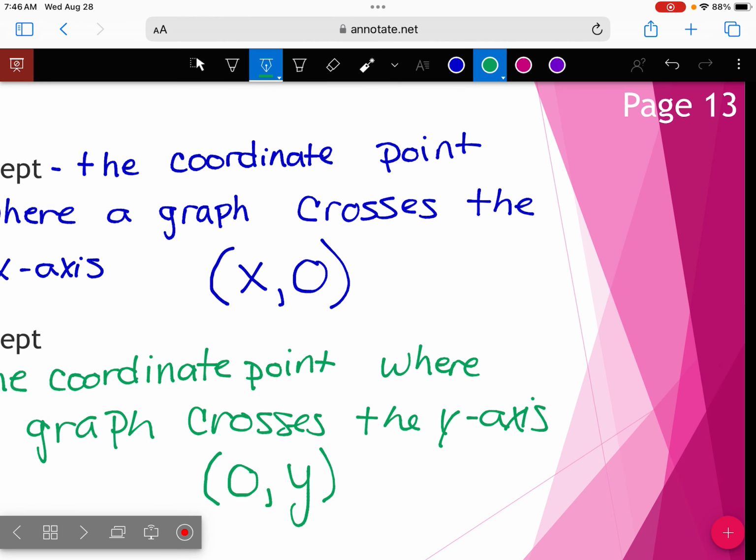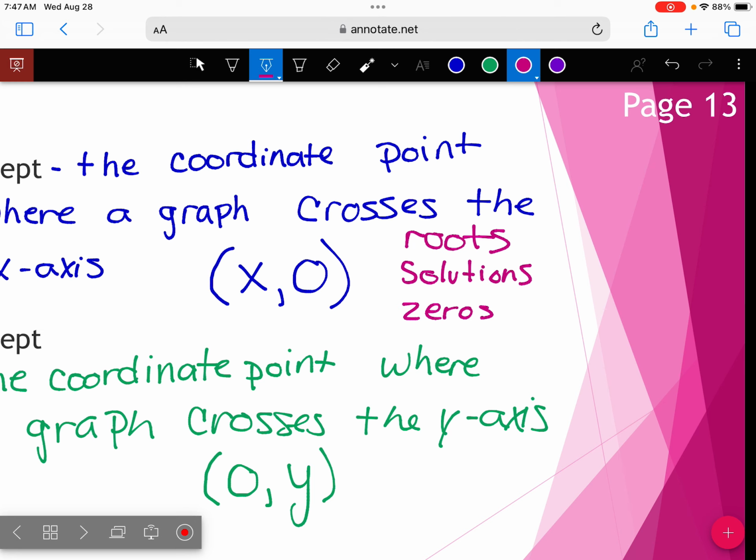So my x-intercepts are also called roots and solutions and zeros. And we will use this over and over all year long. A lot of times I will say, all right, so what's our x-intercept or root or solution or zero? And I'm going to say all 4 words because they mean the exact same thing.